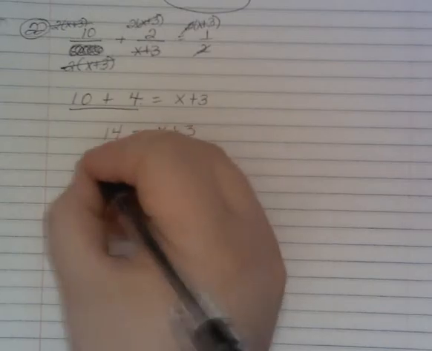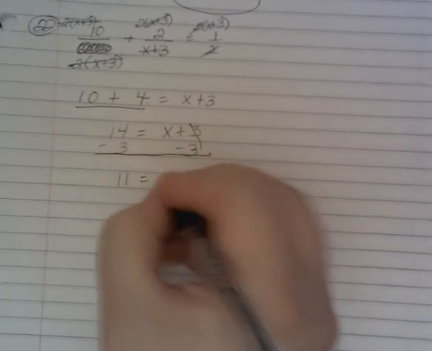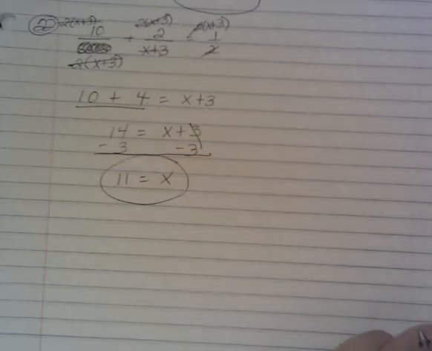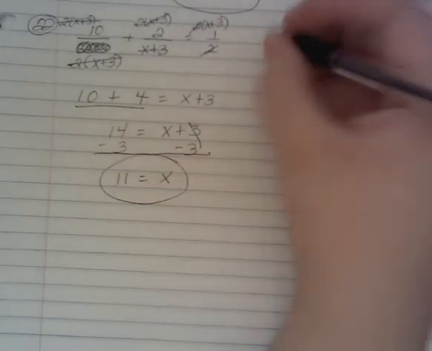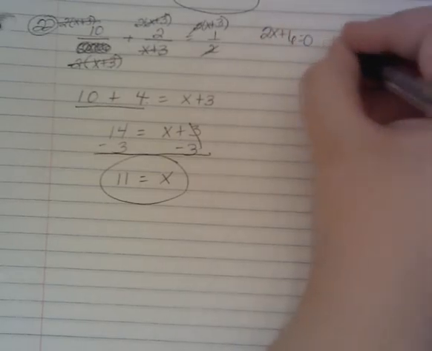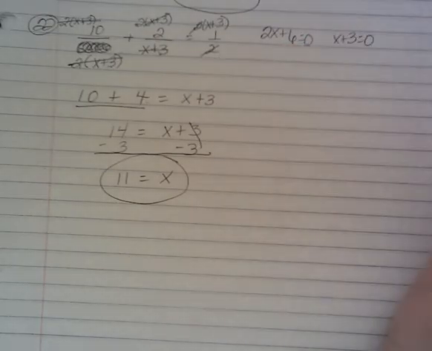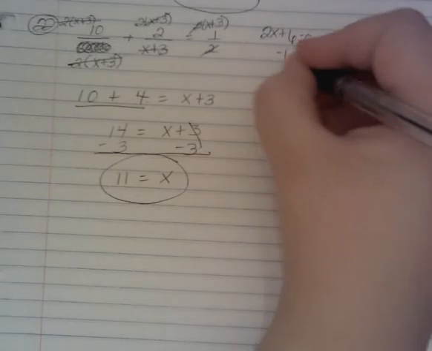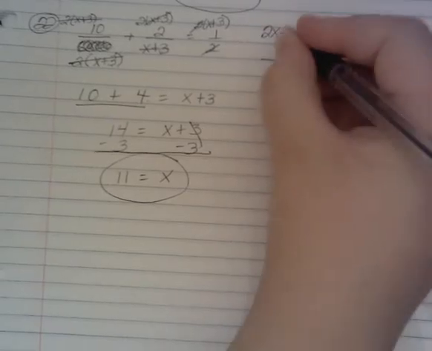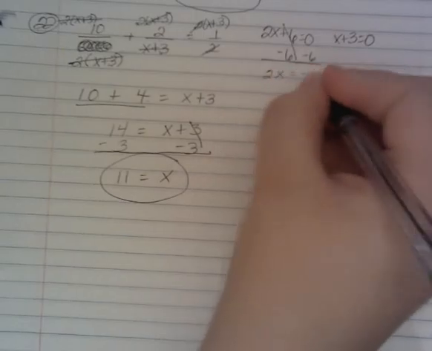Subtract 3 from both sides to get 11 equals x. Our excluded values, well, I had a 2x plus 6, an x plus 3, and that 2 doesn't matter because it did not have an x in the denominator. So I subtract 6 from both sides to get 2x equals negative 6.